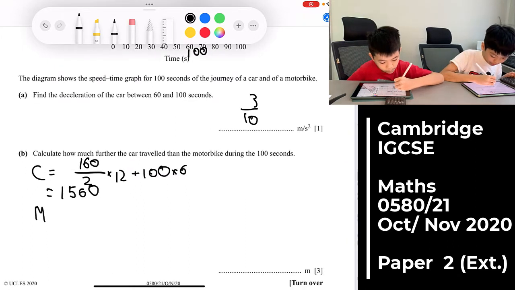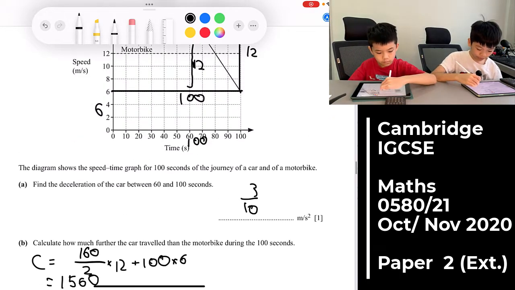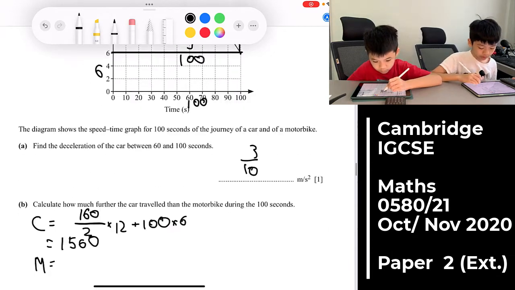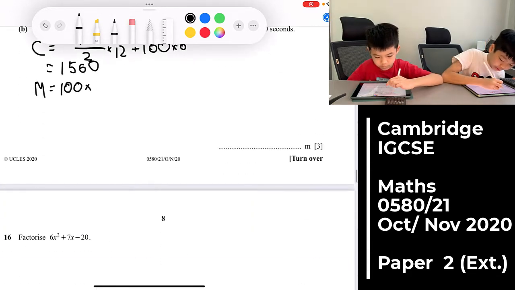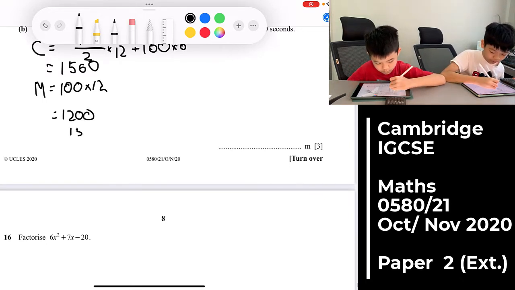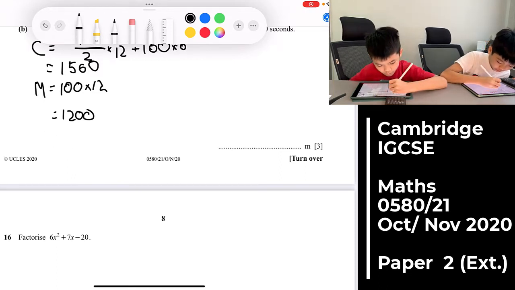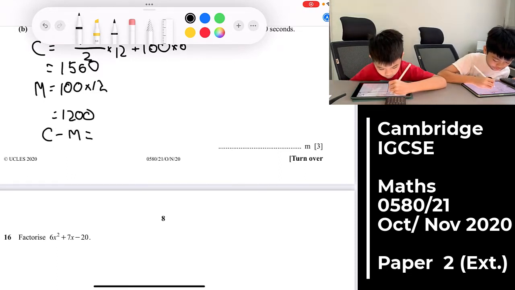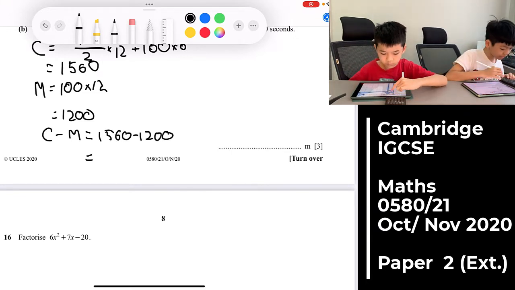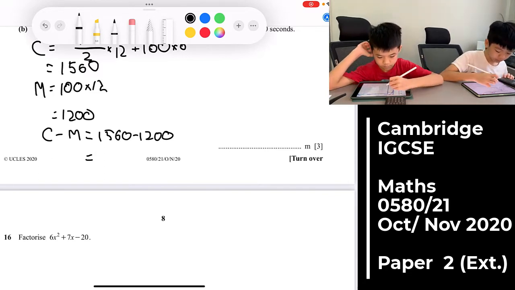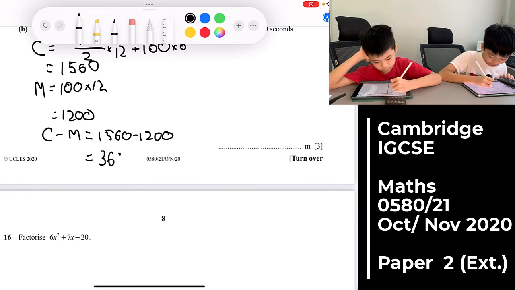Then now the motorbike, M, during the 100 seconds, 100 times 12, which is 1,200. C minus M is 1,560 minus 1,200, which is 360.